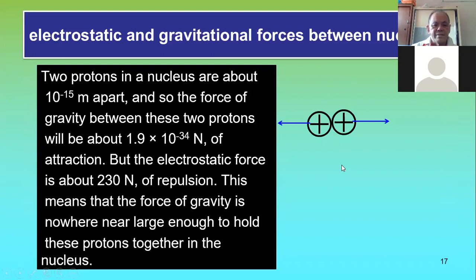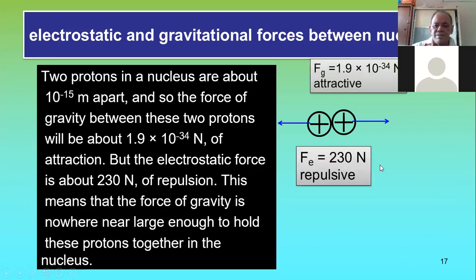And we find that the gravitational force is 1.9 times 10 to the power minus 24. And we can also calculate the electrostatic force using Coulomb's law, and we find 330. So that is very much larger than this one. We won't bother about this one, it's too small. It won't affect the repulsive force.